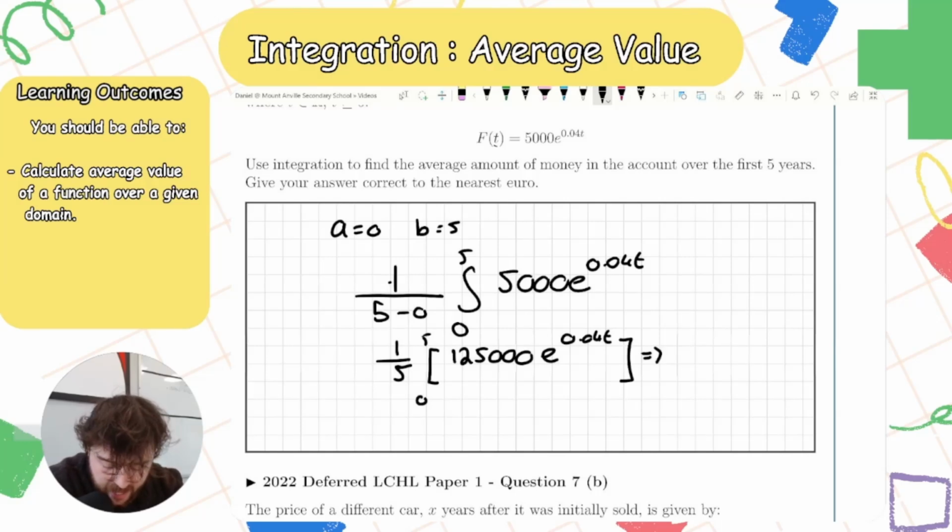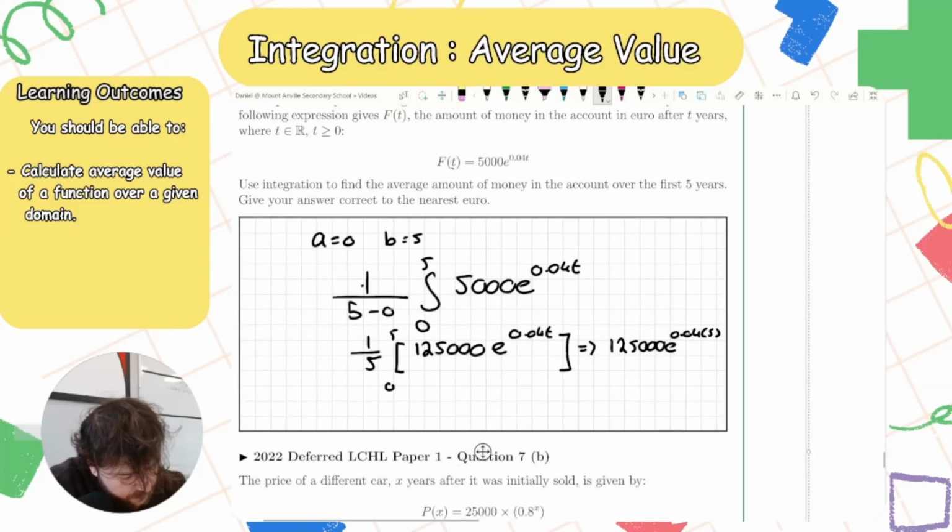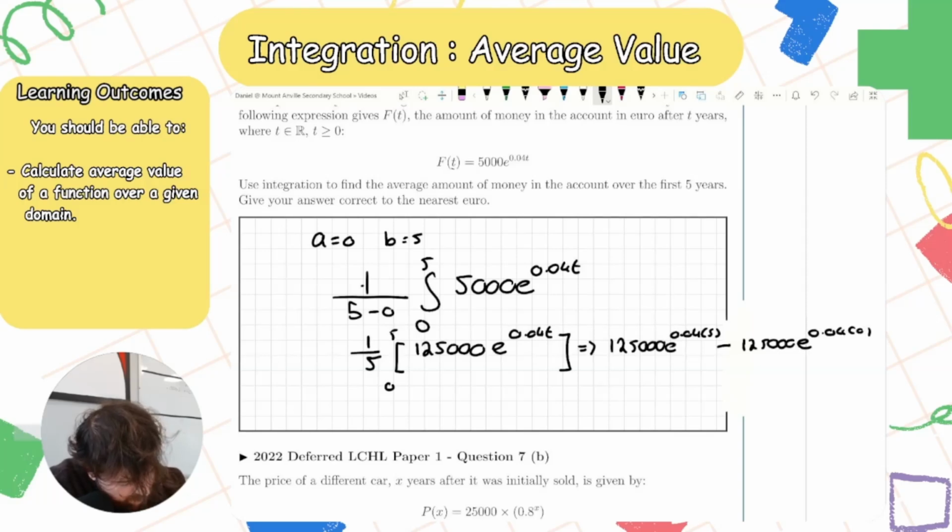We're going to get 125,000 e to the 0.04 times 5, minus 125,000 e to the power of 0.04 times 0. That's going to give me 27,675.34. And then remember, I have this 1/5 on the outside.